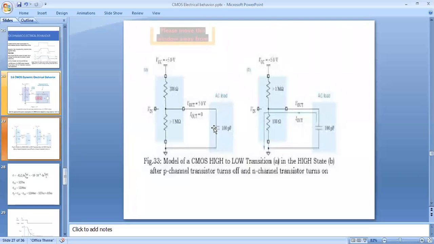You just consider the capacitance, which has a value of 100 picofarads. What is this circuit? A CMOS inverter which has the high state at the output.